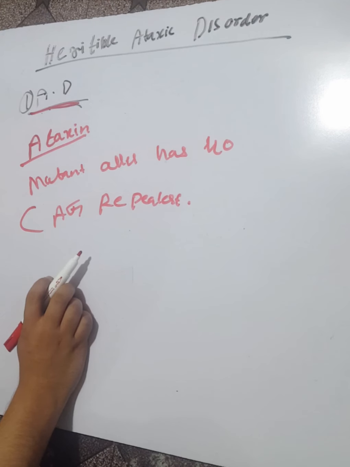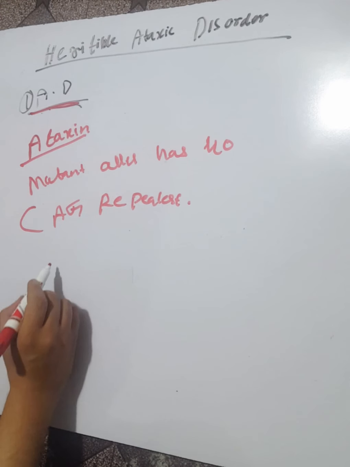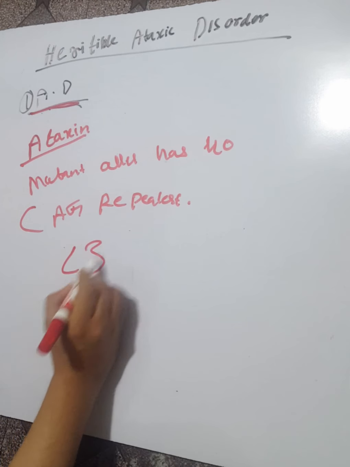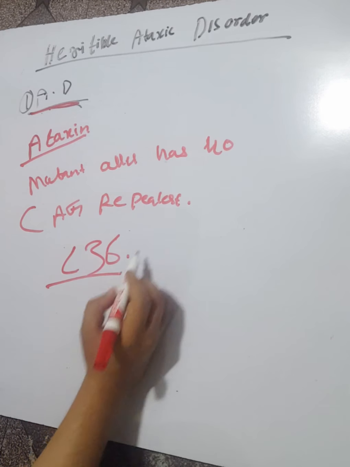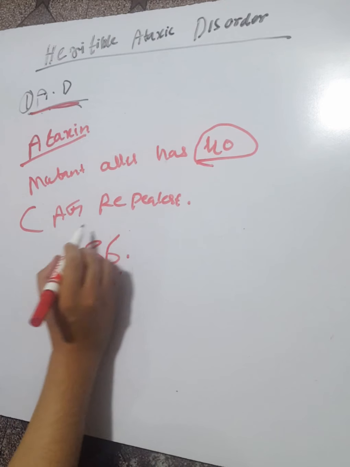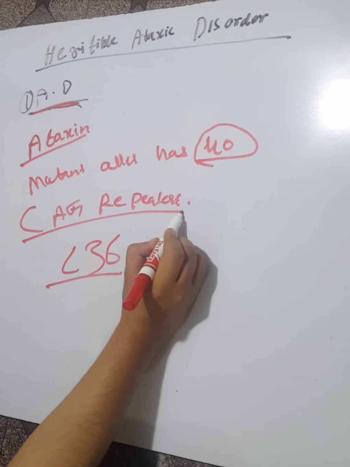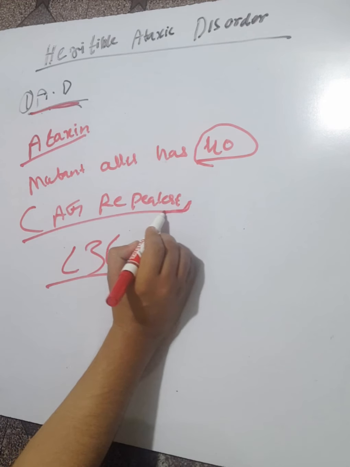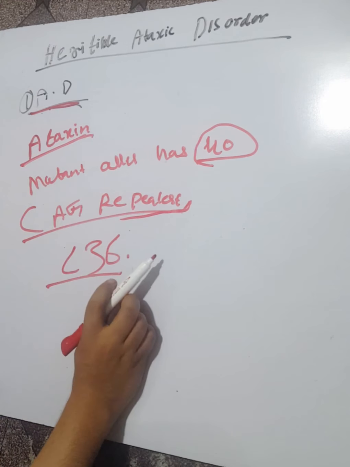What is the normal number of CAG repeats in an unaffected person? The normal CAG repeats should be less than 36. So there are 40 CAG repeats and a mutation in the gene that synthesizes ataxin.